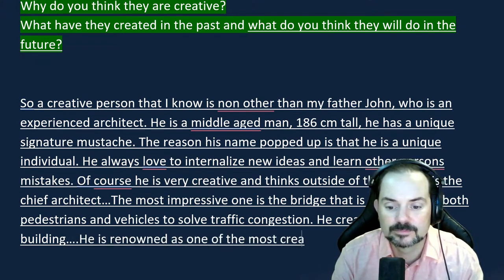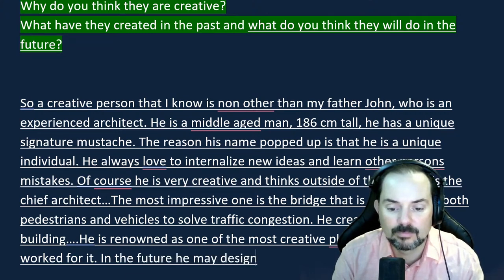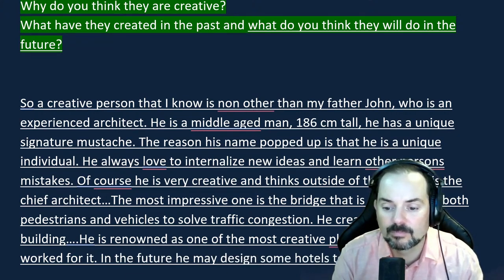In the future, I think he may design some kind of accommodation like apartments or hotels to serve the growing population. And I wish I could be as creative as him.